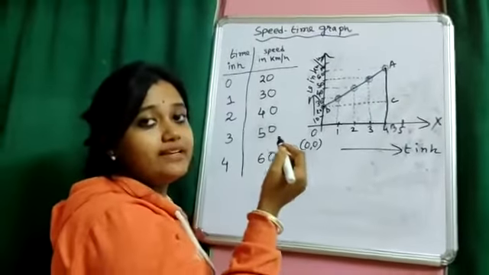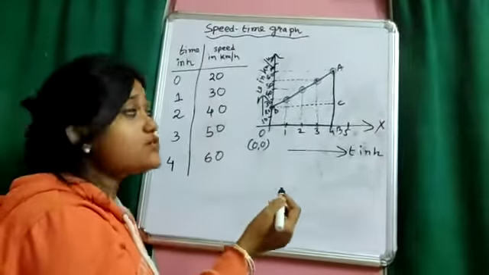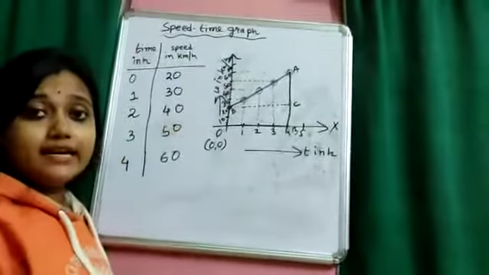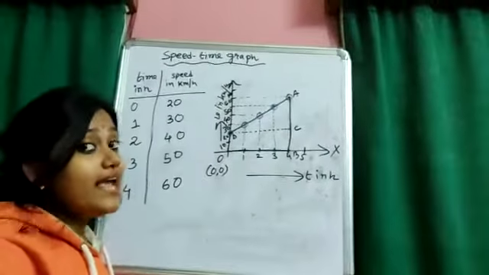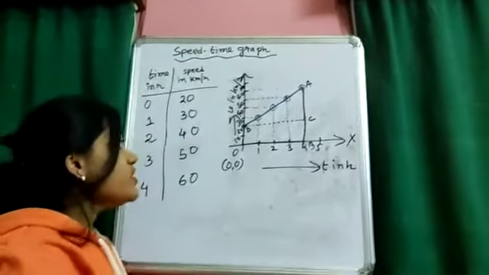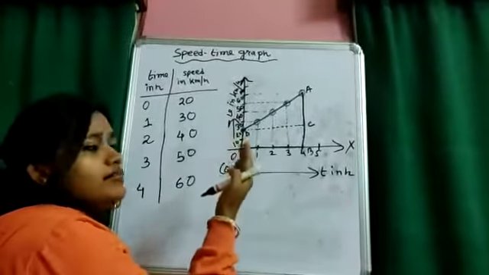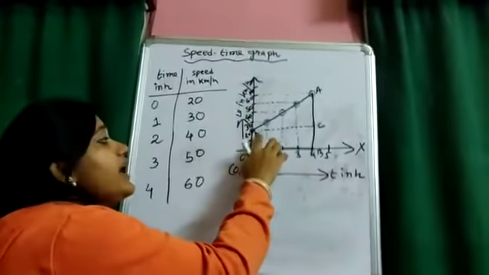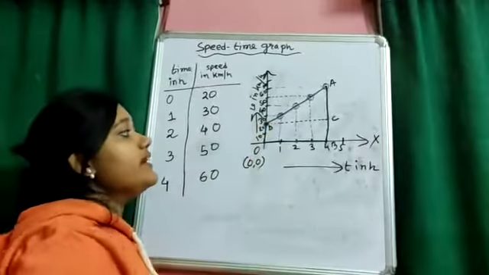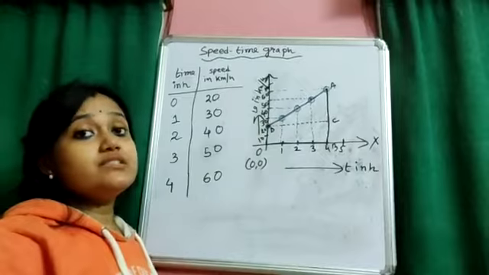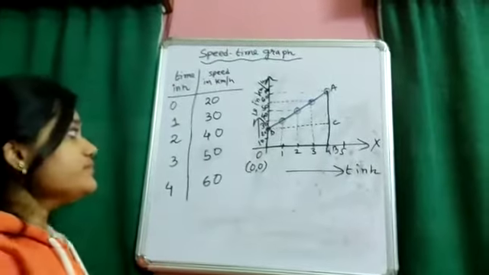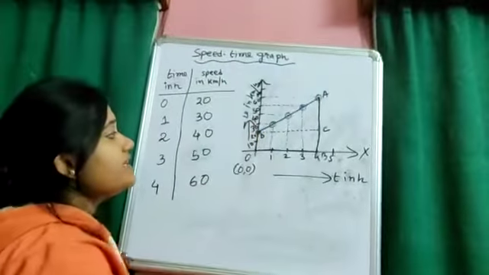From the slope of the v-t graph it will give you the acceleration. You can do that at home, and this time I will find out how much distance it has covered.